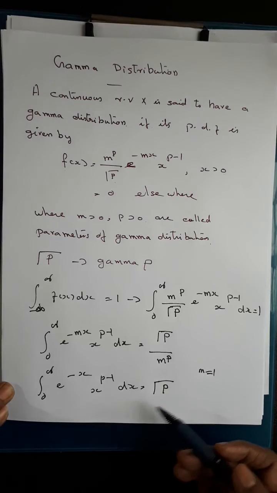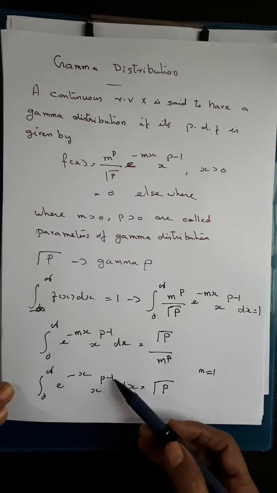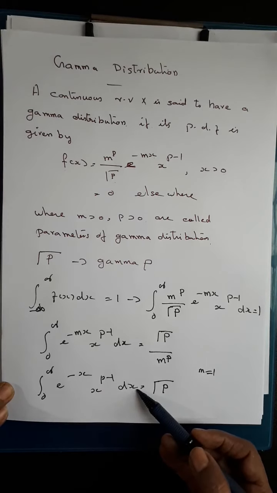Gamma p is equal to integral 0 to infinity e raised to minus x x raised to p minus 1 dx.